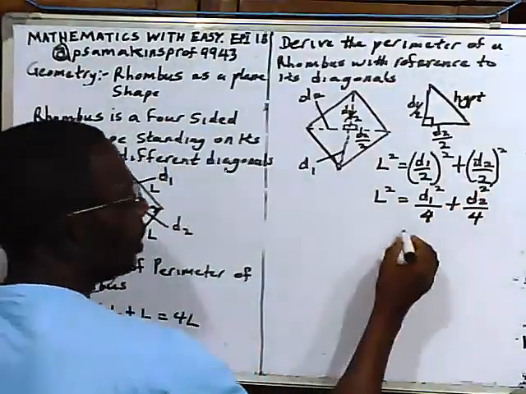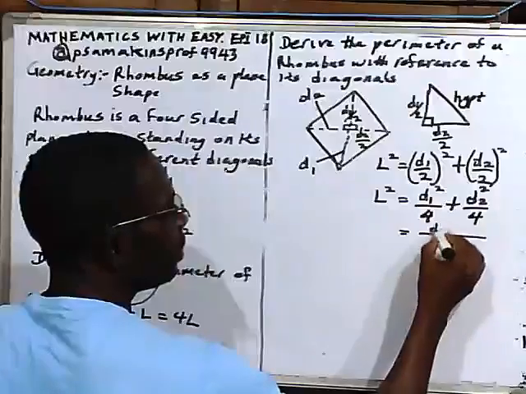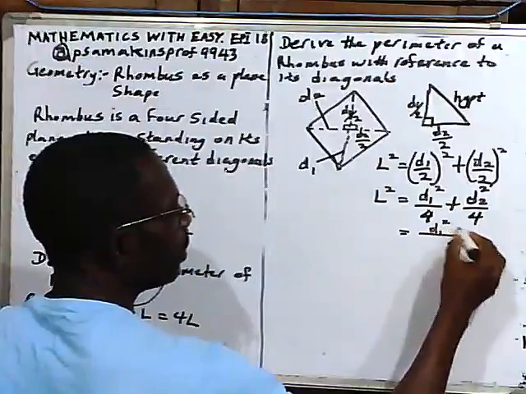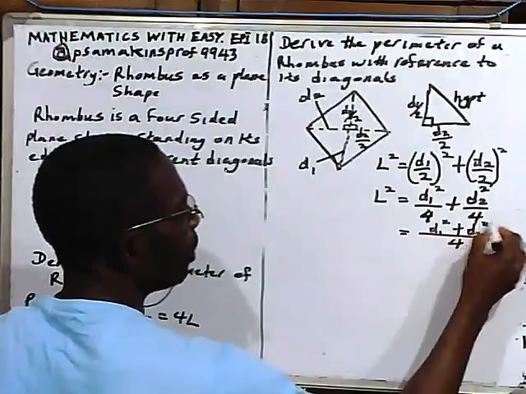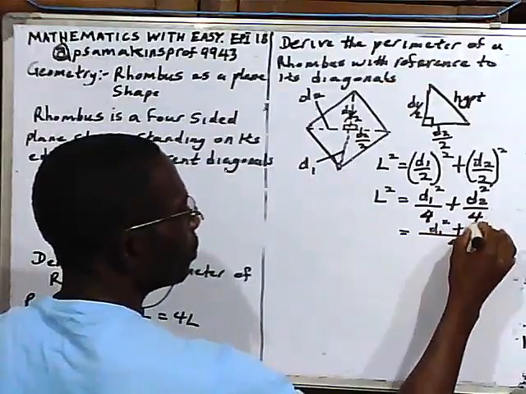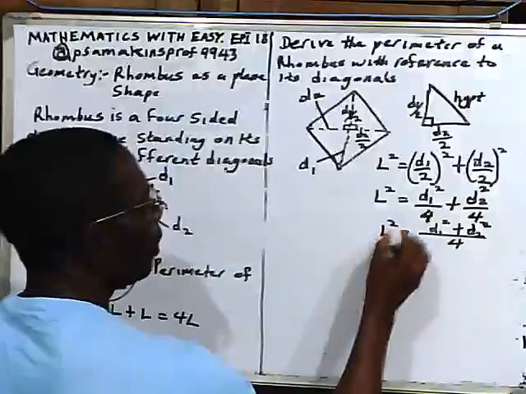So the LCM will be 4. Then we have D1 square plus D2 square, all over 4.